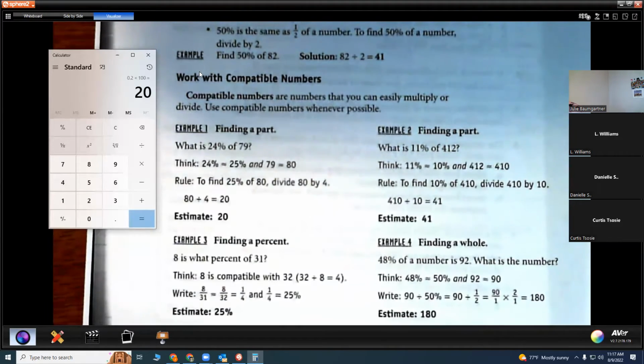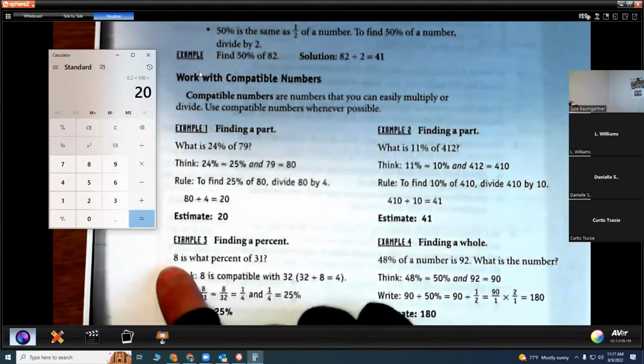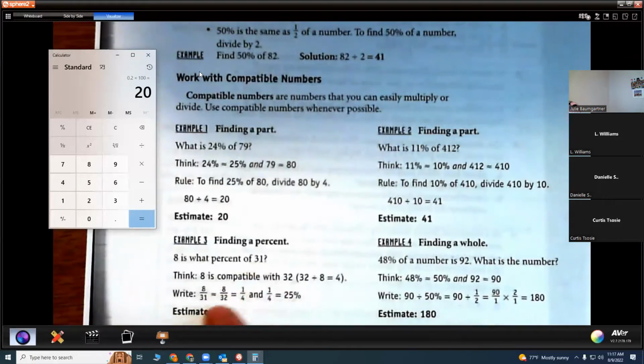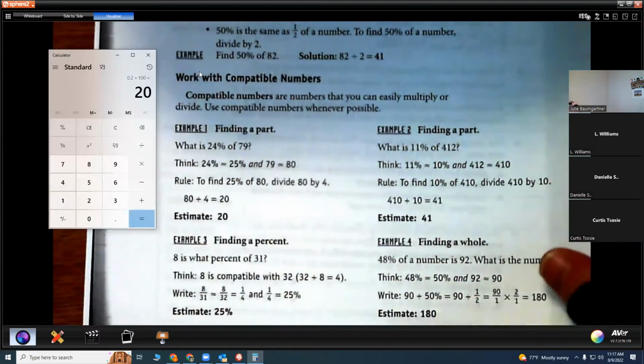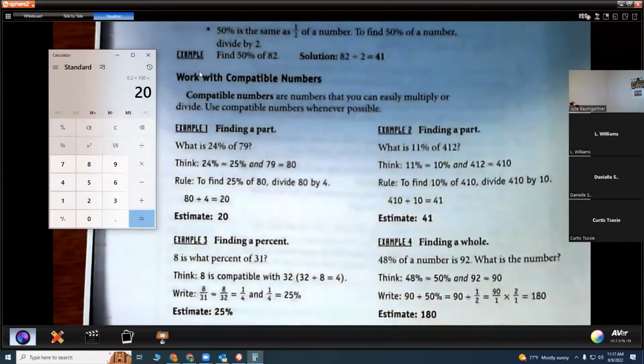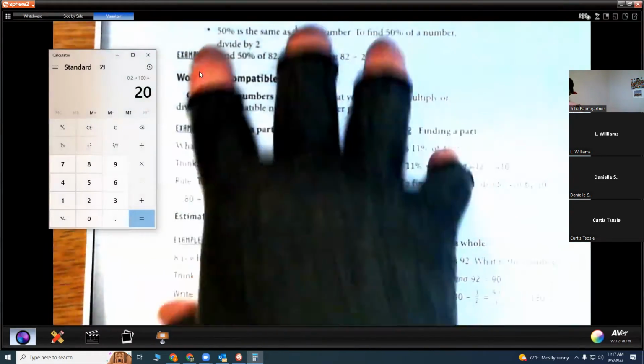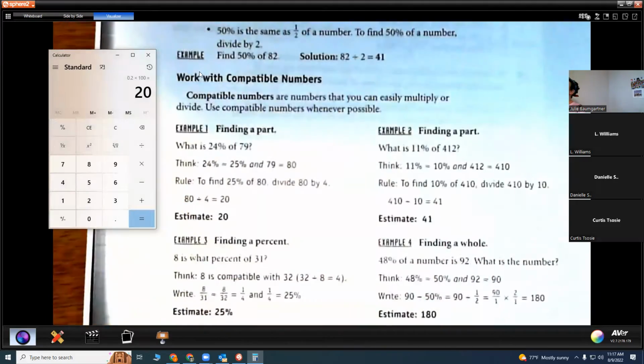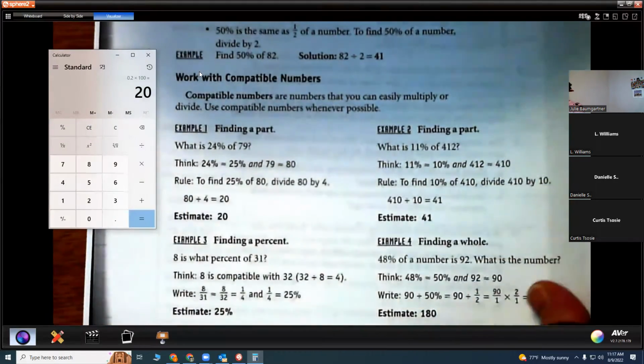Now, 8 is what percent of 31? Then you just want to adjust that, and then just do your dividing. But like I said, don't worry too much about this, but hopefully the ideas make sense.